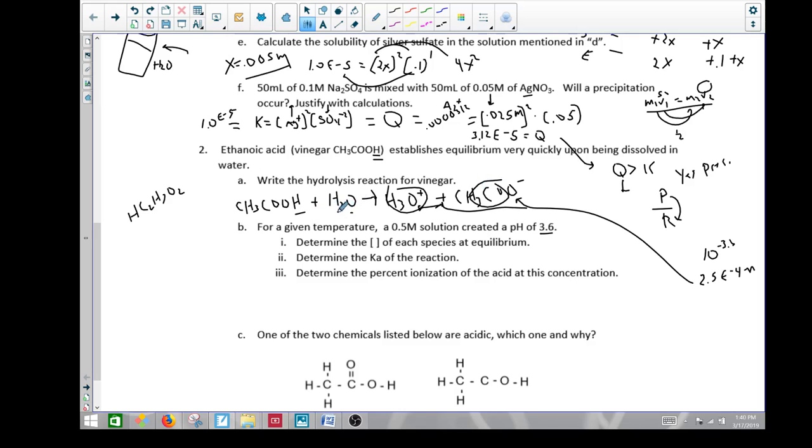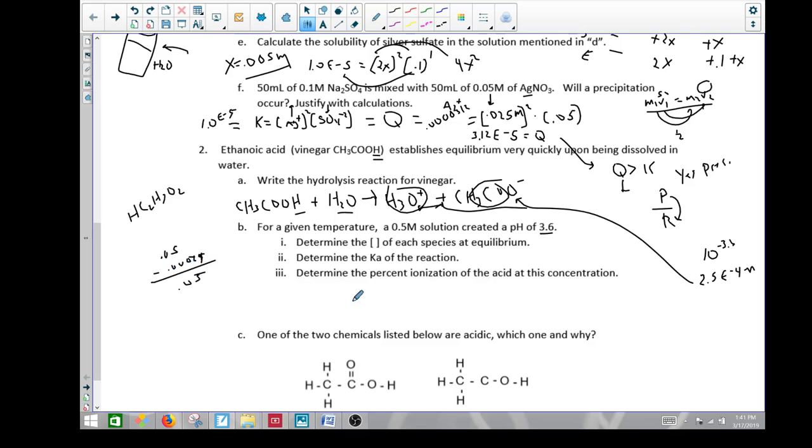Because every time you get one of these, we also get one of these. Water doesn't have a concentration, and this guy is going to be the original concentration of 0.05 minus the 0.0002425, which basically is 0.05.